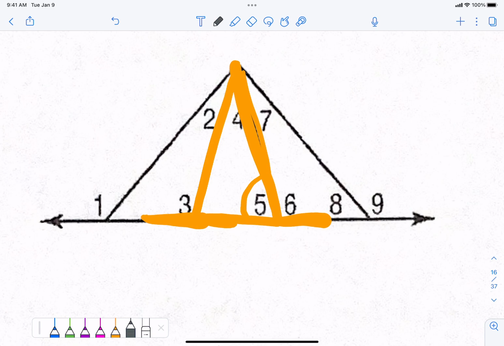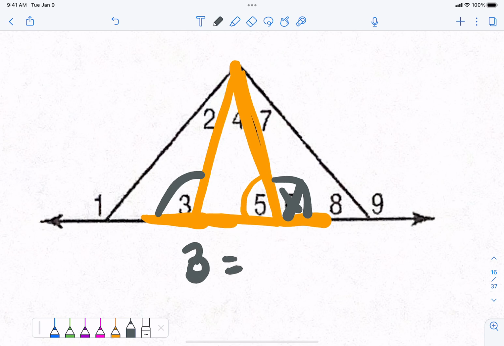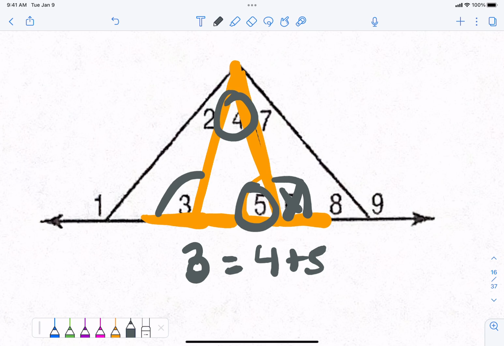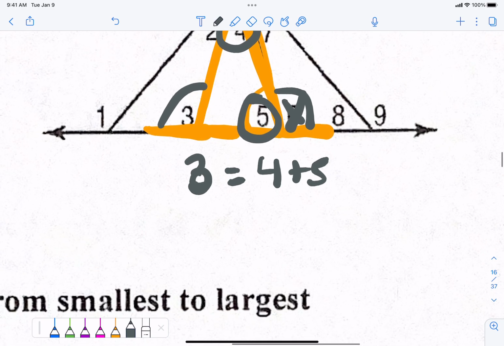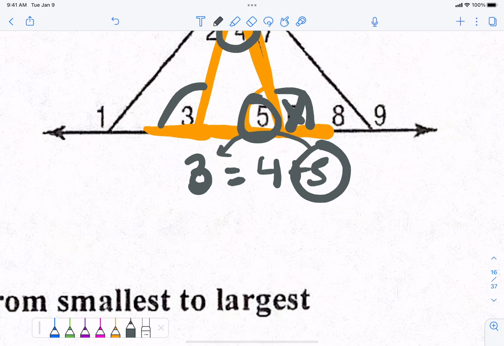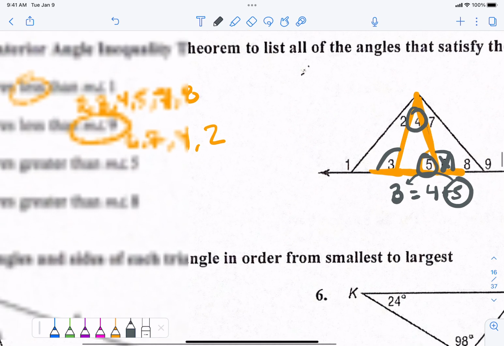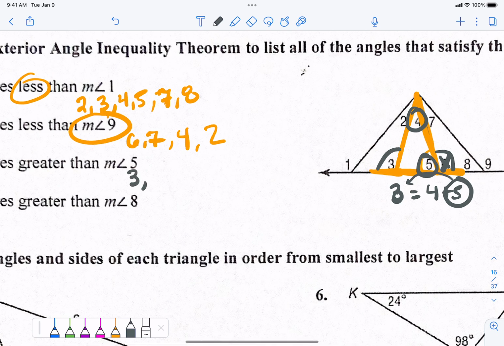So out of the 3 and the 6, we're going to ignore 6 because it touches 5, right? So let's talk about 3. 3 is equal to 4 plus 5, the two that it doesn't touch. So what is bigger than angle 5? 3. Is 4 bigger than 5? No. We don't know, so we don't list it. 3 we know is bigger than 5.